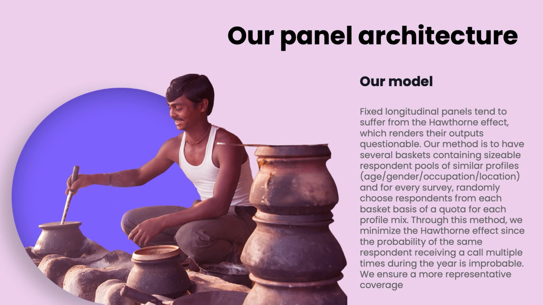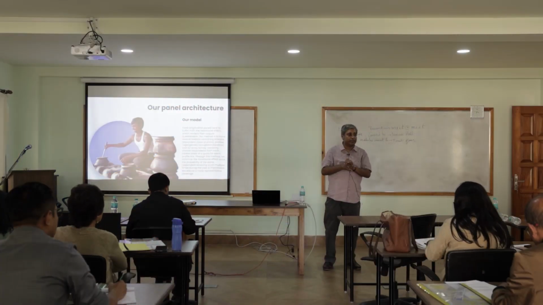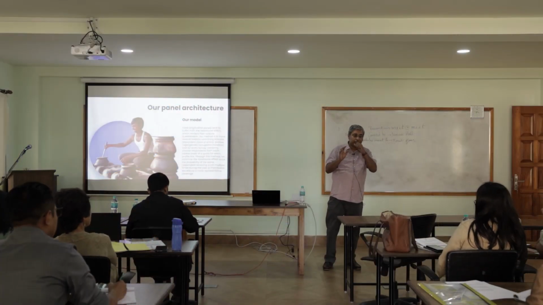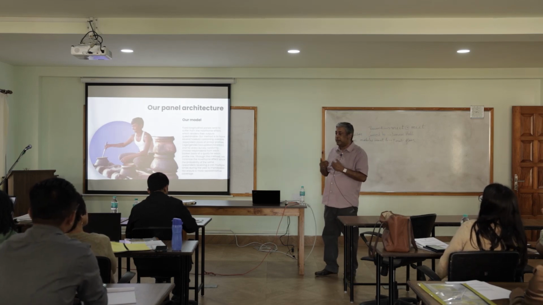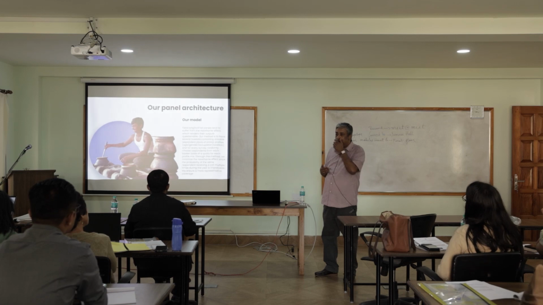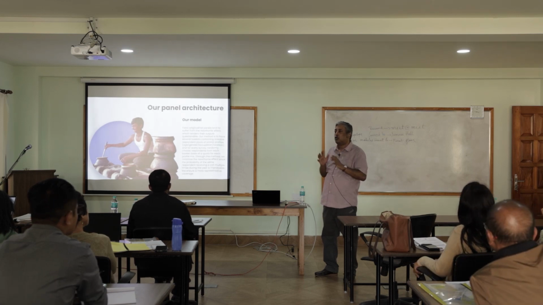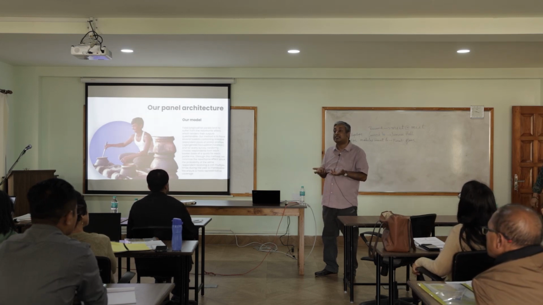By the third time you go back to the same person, they will either lie or they will tell you the answer which they think you want to know. They will give you the good answer. They will not give you the honest answer. So this is what is called the Hawthorne effect. If you keep going back to the same person again and again, they don't give you an honest answer, they give you a practiced answer, which is wrong.